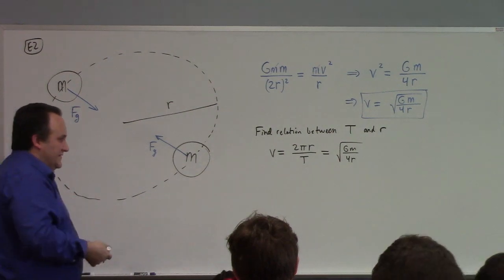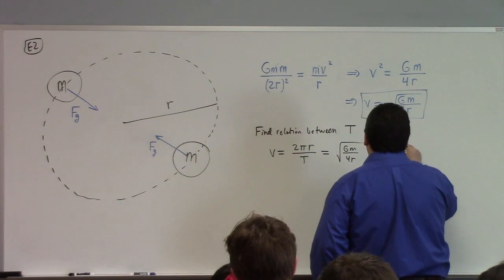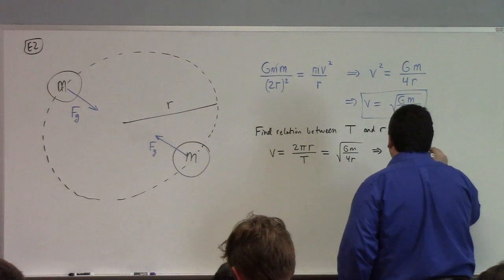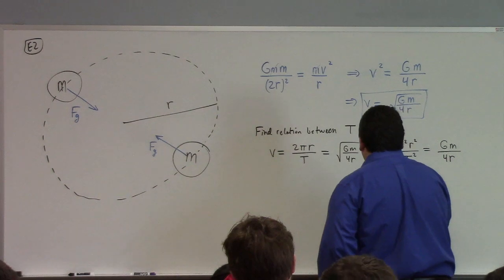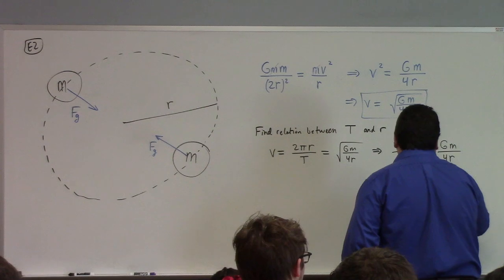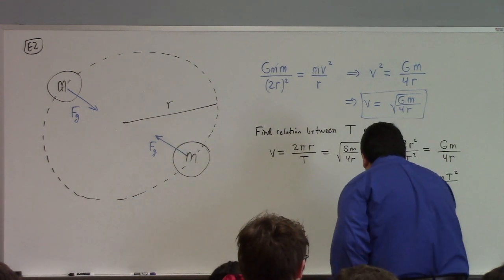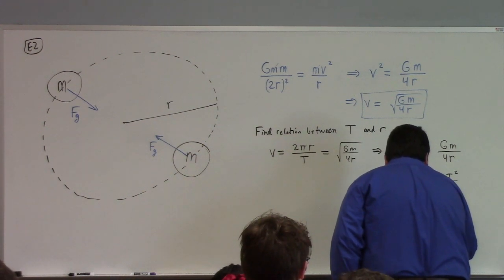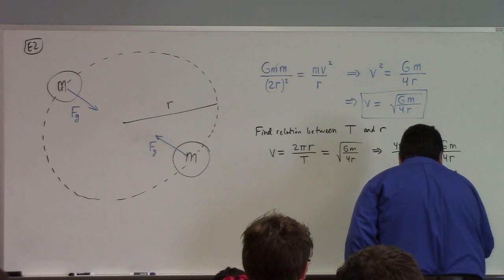So if we square both sides, what you got? You got 4 pi squared r squared divided by the period squared is GM over 4r, which tells me that r cubed is equal to GM T squared divided by 4 pi squared, which finally tells me that the radius is in fact the cube root of GM T squared over 4 pi squared.